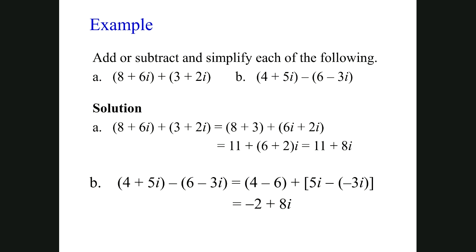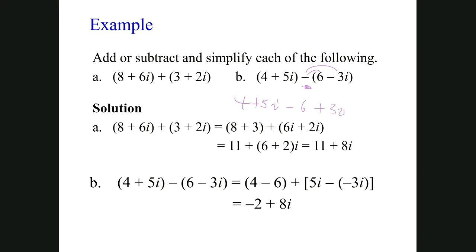And similar with the subtraction, just make sure you distribute the negative in, okay? When you get rid of parentheses, you have to distribute a negative. So the first one will still be 4 plus 5i, okay? I like to write down this one step, and then minus 6, and then minus negative 3i will be plus 3i.